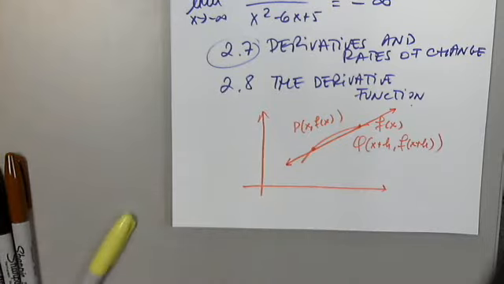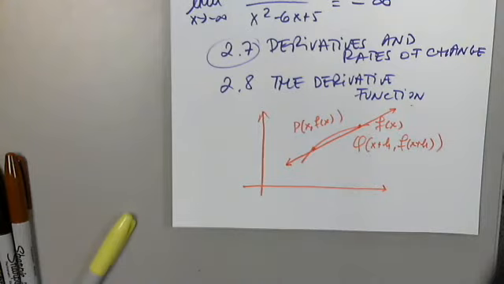So what did we illustrate with this? We illustrated the average rate of change between P and Q, but we also called it the difference quotient. So this was the figure for the difference quotient.